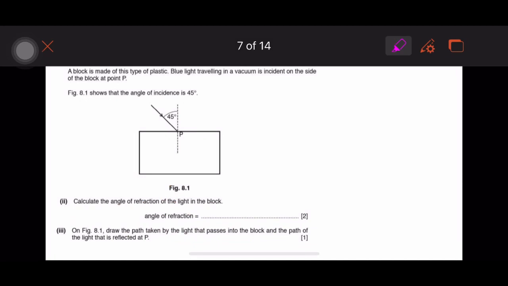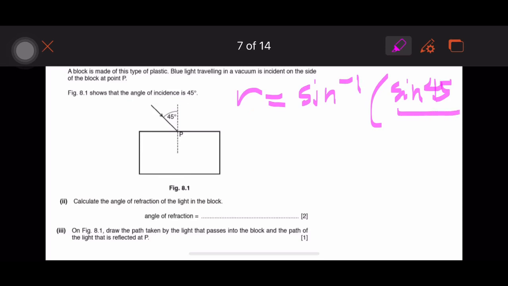So now our formula to be used is R is equal to inverse sine of sine I, which is 45 degrees for the incident ray, divided by 1.5 as given earlier in the upper part of the problem.